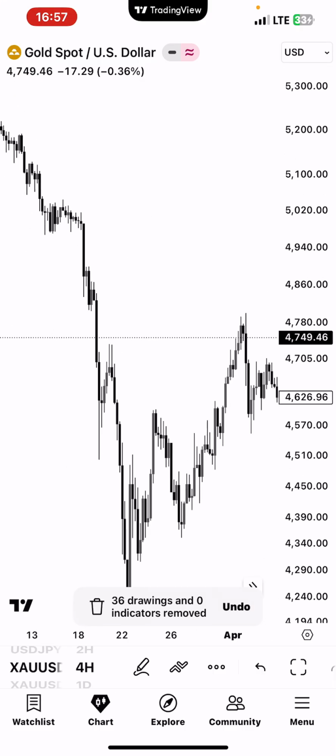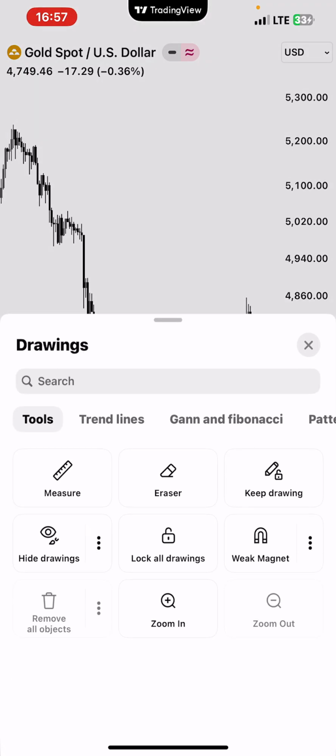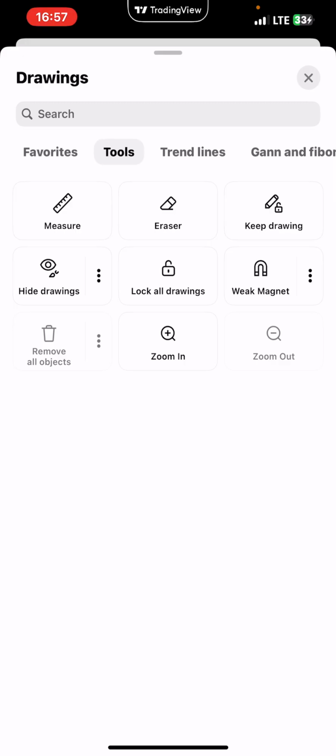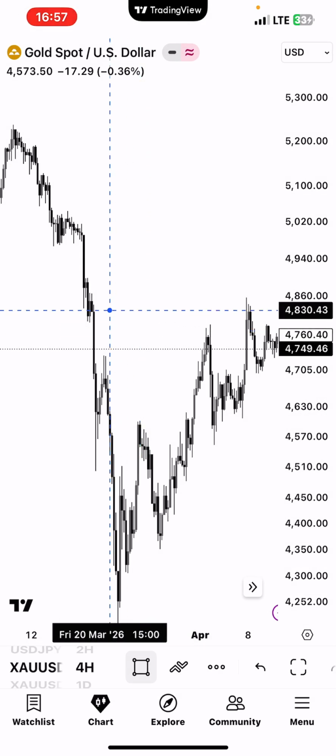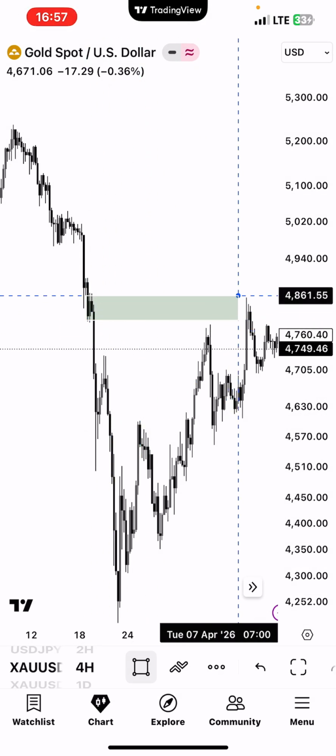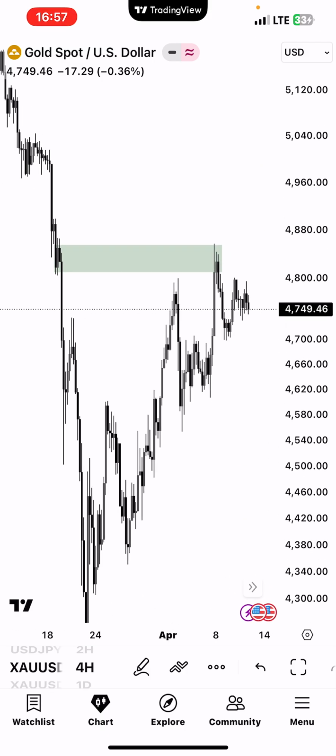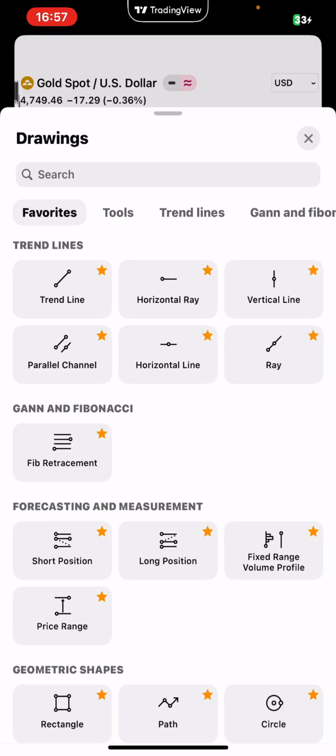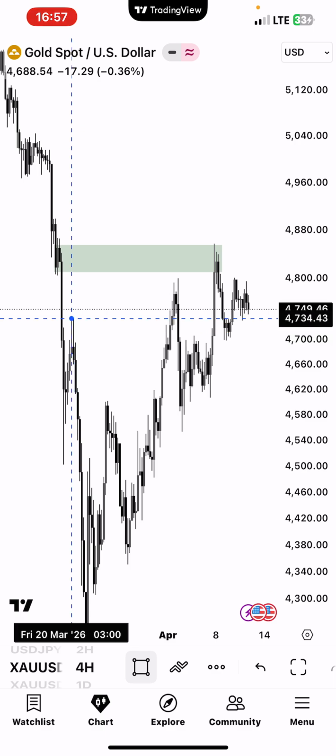Okay, let's use this. Yeah, this is better around here. Good. Let's look at the scenario where it works and the scenario where it doesn't work.